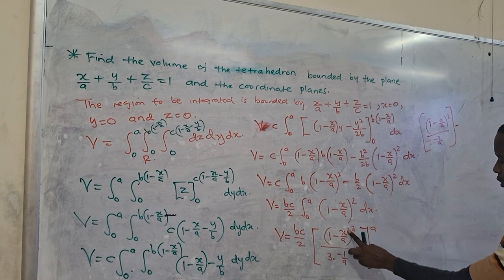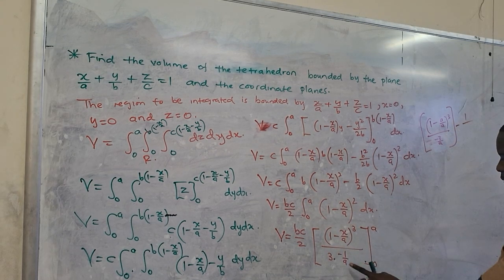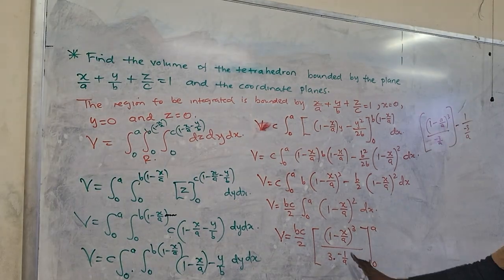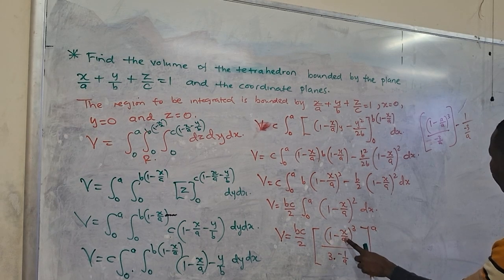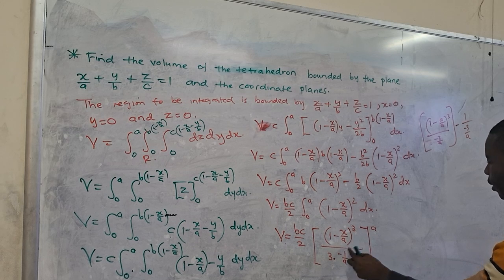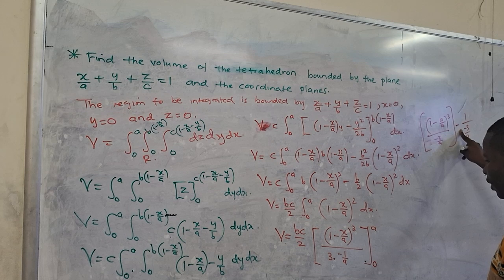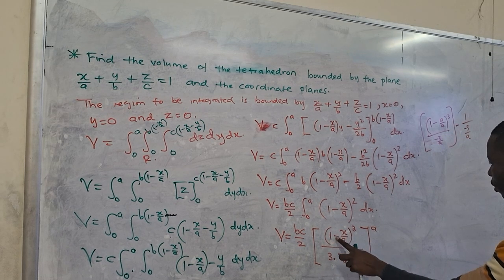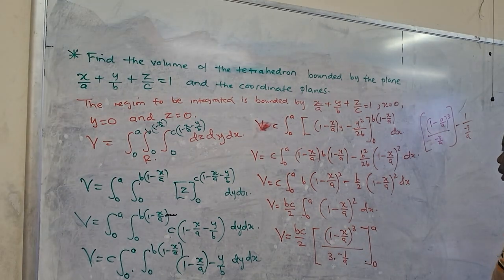If x is 0 here, it will be 1 subtract 0, which is 1, divided by negative 3 by a. I hope this is clear. Substitute here: it will be 1 subtract a by a to the power 3 divided by negative 3 by a, minus, x is now 0, 1 subtract 0, it will be 1 to the power 3, which is 1, divided by negative 3 by a.